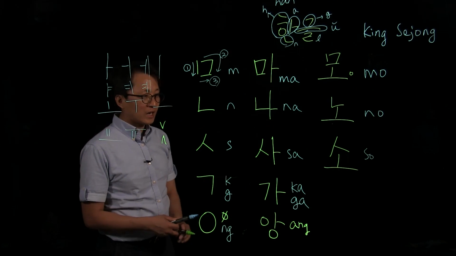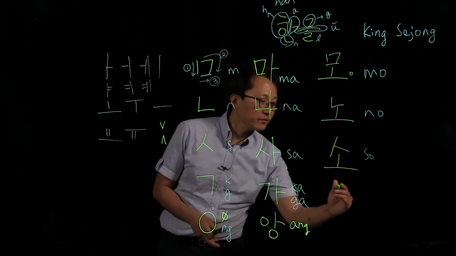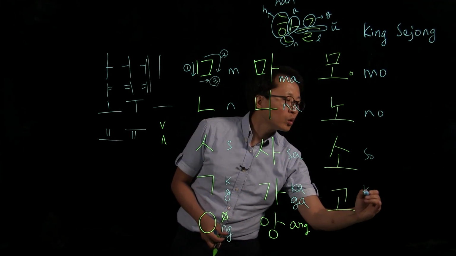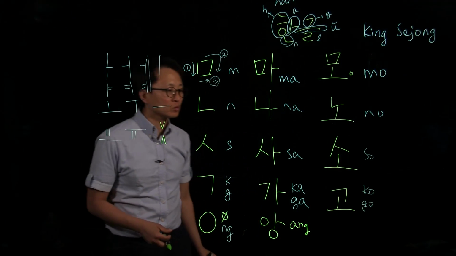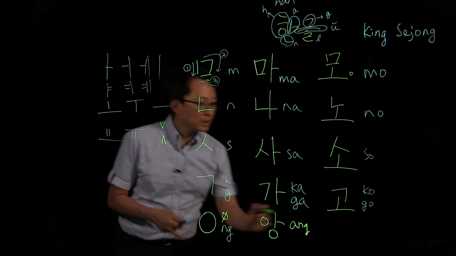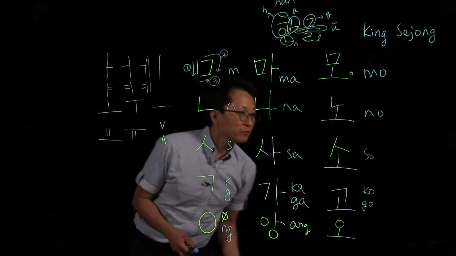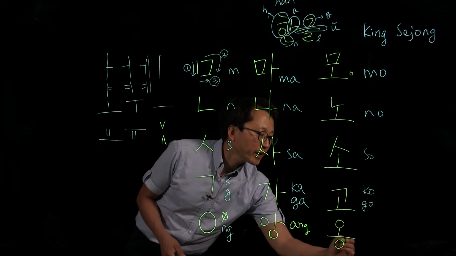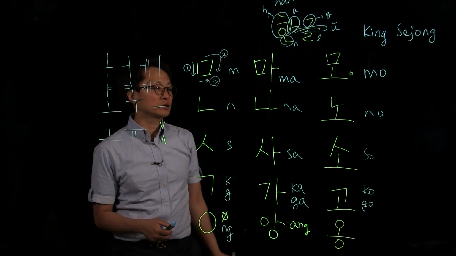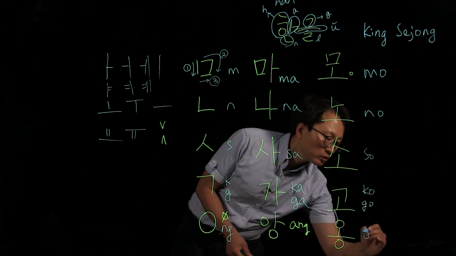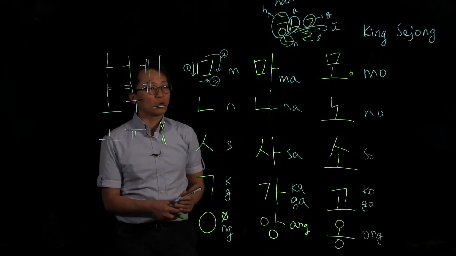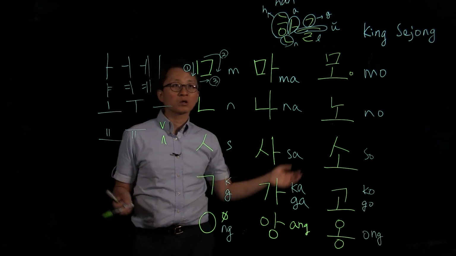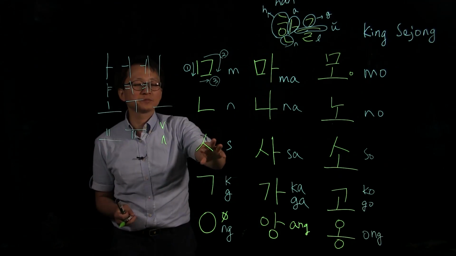And this was ka, ka, and this is ko, ko, right? And if you write this way, it doesn't have sound value, so we just read it o. But if you add this here, at the syllable final position, then we read it ong, ong.